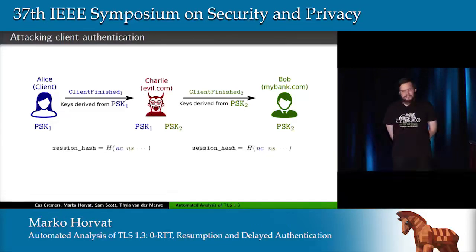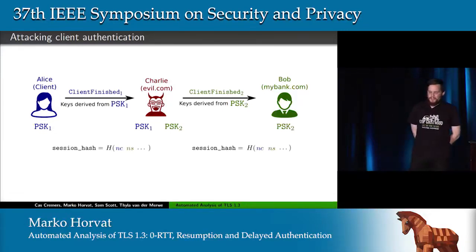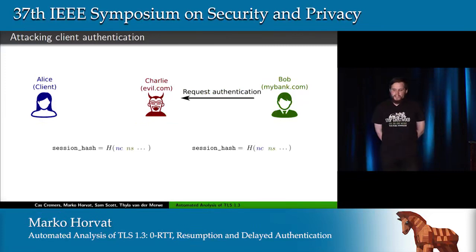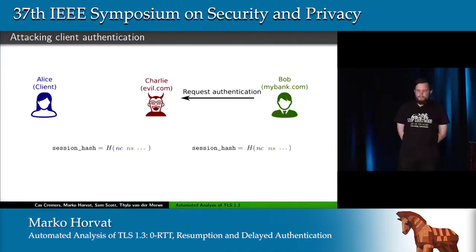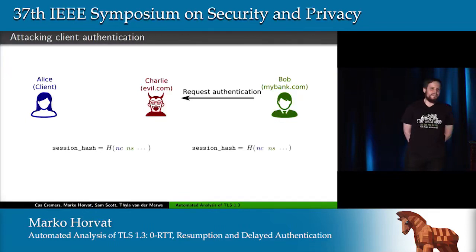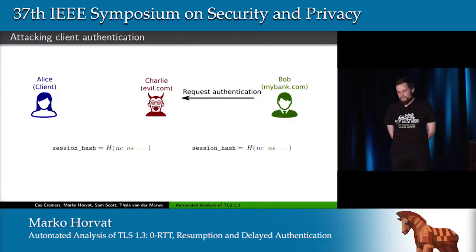So in this second part, again, there hasn't yet been anything terribly illegitimate, but the session hash has been made the same by Charlie in both sessions. And this is what Charlie will now leverage to steal Alice's money. So now he tries to log in at mybank.com as Alice, which prompts Bob, who has no idea who he's talking to, apart from the fact that that person is claiming to be Alice.